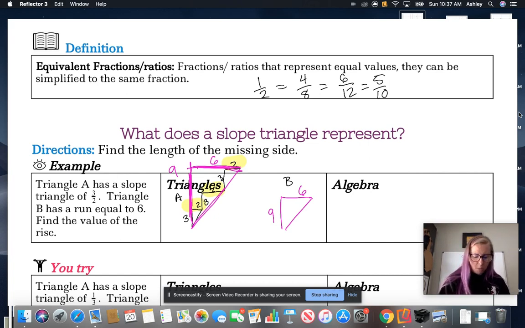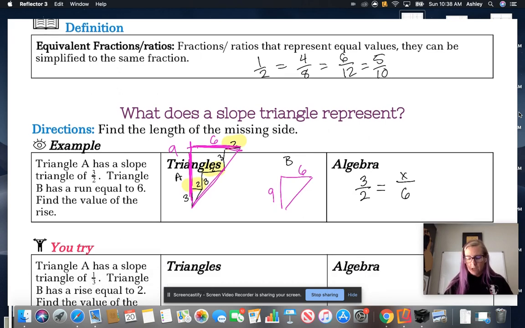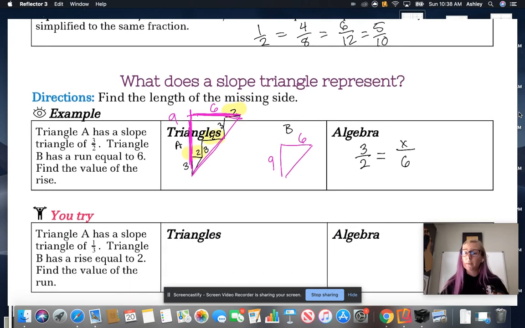Algebraically speaking, what that's going to look like is a ratio, a proportion. So we know we want 3/2 to be equivalent to some rise, I'm not sure what, over the run of 6. When we don't know what something is, we just replace it with a variable. So all I'm going to do here is cross multiply and solve for x.